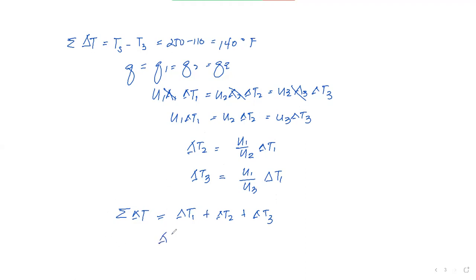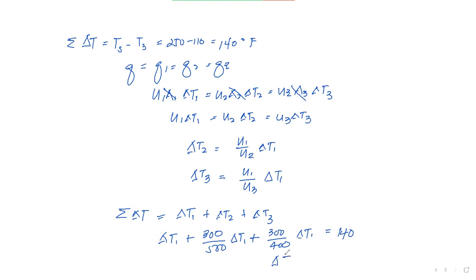So we'll have delta T1 plus, you copy this one, 300 over 500, U1 over U2, delta T1, refer to the given in the first slide. And you have here 300 over 400 delta T1 for delta T3. Since delta T1 is the only unknown here, we equate our summation of delta T to 140.